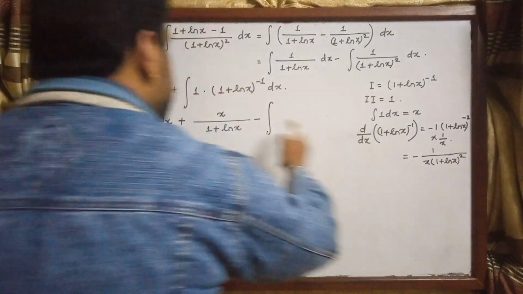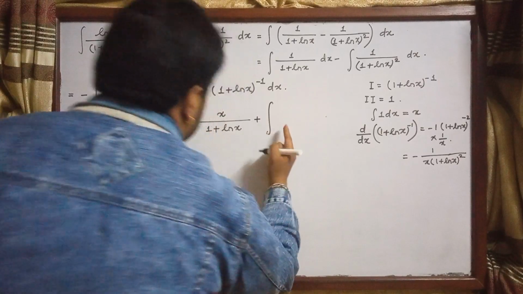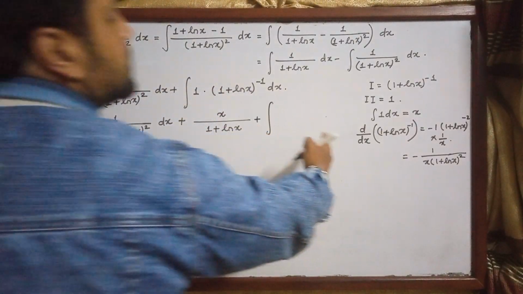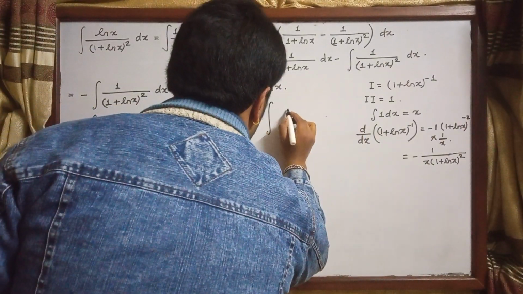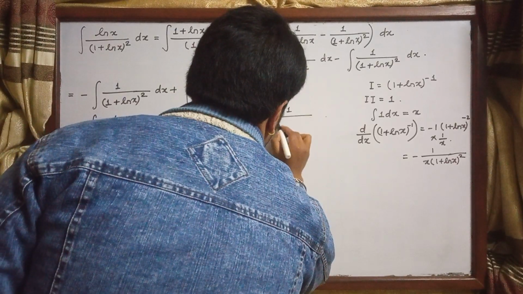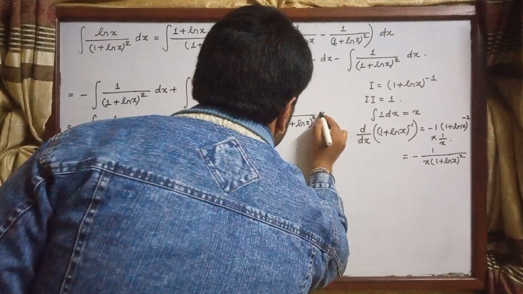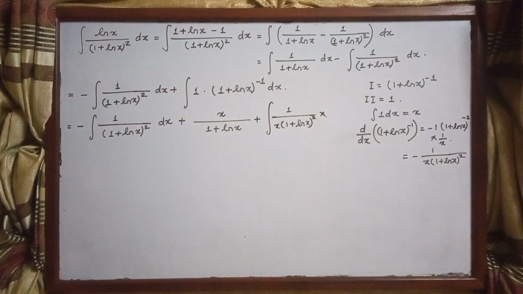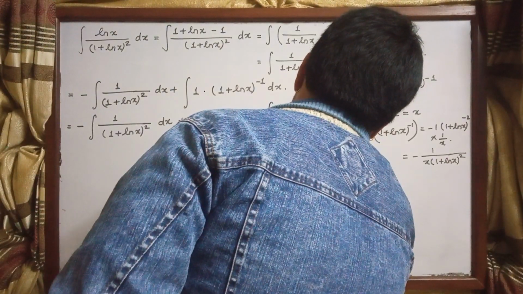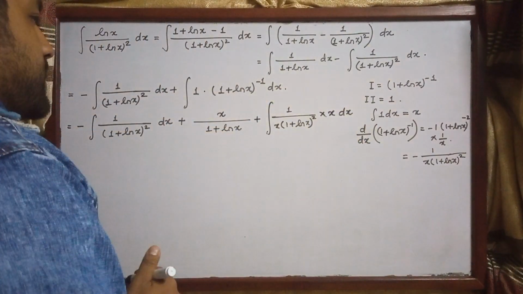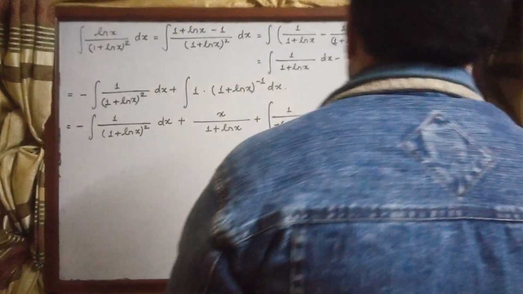Now this minus and this minus makes this part a plus. So we have 1 by x, (1 plus log x) squared times the integral of the second function, which is x dx. Okay? Now that's all we need to do.